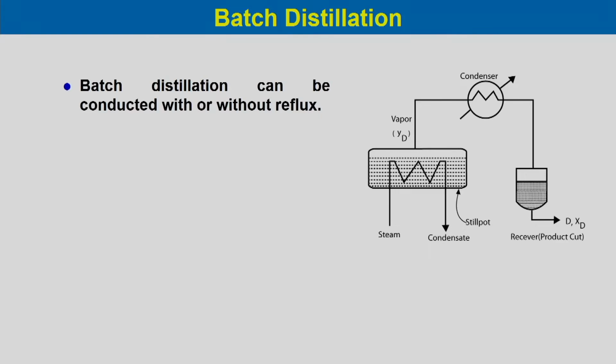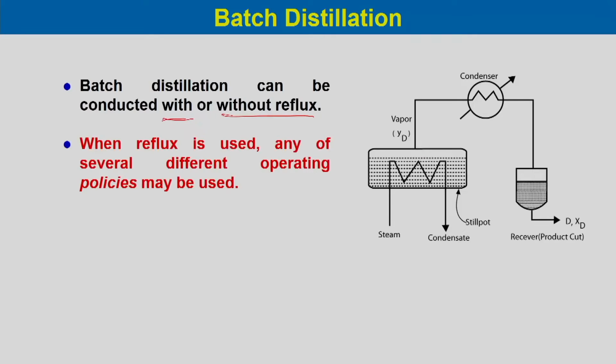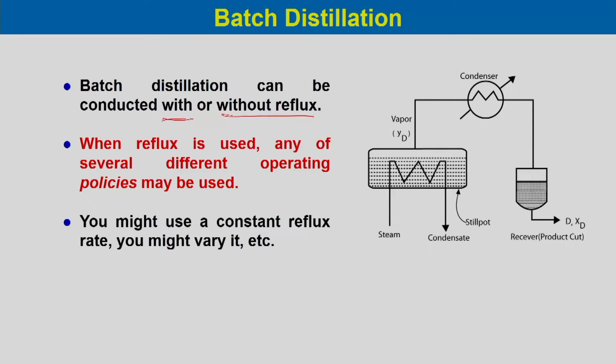Now, batch distillation can be conducted with or without reflux. Any one can be possible. We can have it without reflux, or we can also have reflux to the feed drum. When reflux is used, any of several different operating policies may be used. You might use a constant reflux rate or you might vary it.